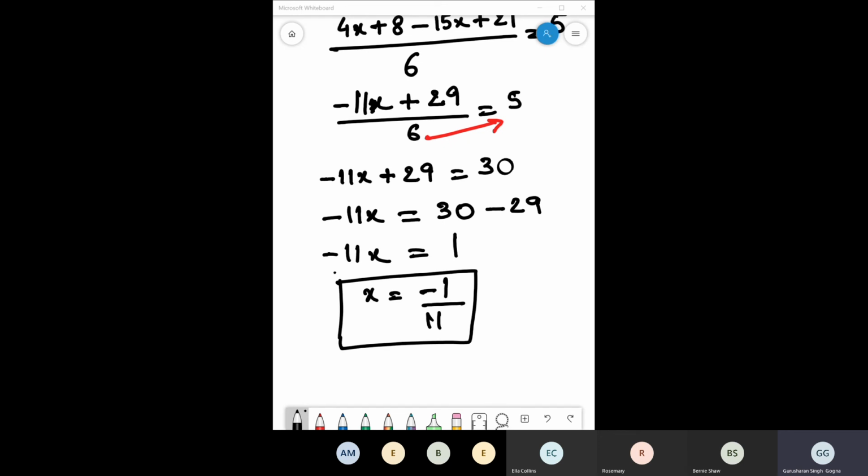Next thing is how to basically factorize a quadratic equation or expression, let's say. So let me see what example you have in the past paper.